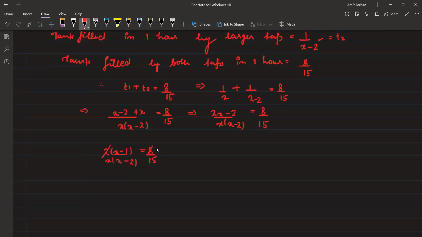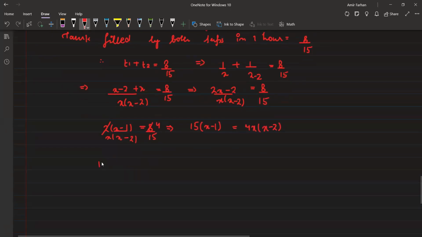So this will get cancelled, 8 by 4 times, yes or no? Cross multiply them. 15 into x minus 1 is equals to 4x into x minus 2. Okay, so it is 15x minus 15 is equals to 4x square minus 8x.